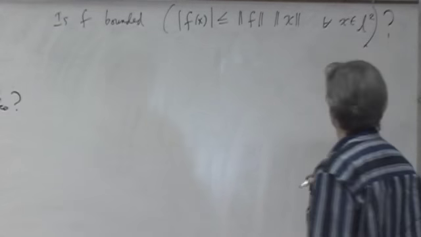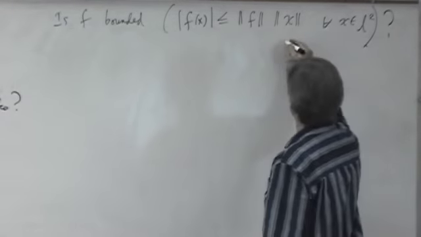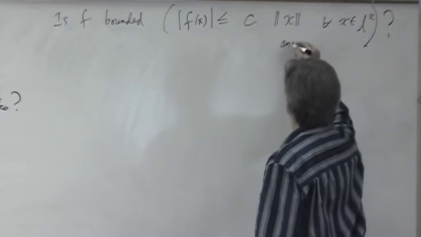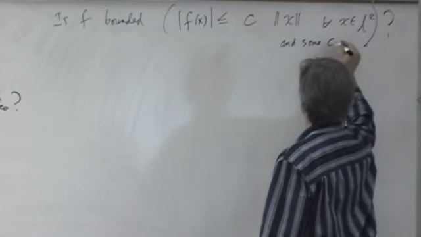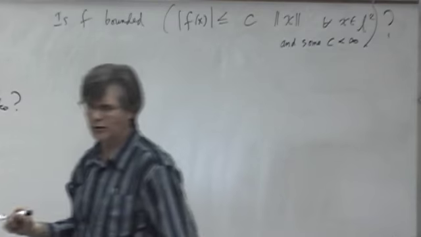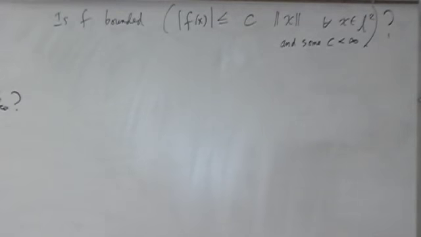I'll put C here instead of the norm, some C less than infinity. The norm of f is the smallest C that works. And I want to know, is there just any C that is any good? So there's the question.